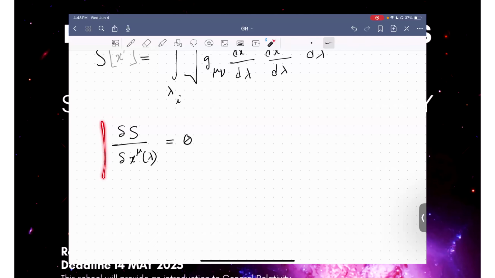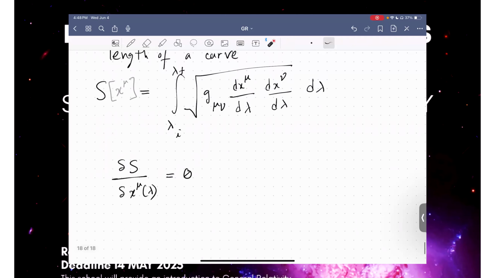And this is the analog of setting the first derivative of a function with respect to its parameter to 0 to find its extremum. Now, regardless of the functional analytic technicalities behind these derivatives, there's a very easy prescription for how to compute these things.